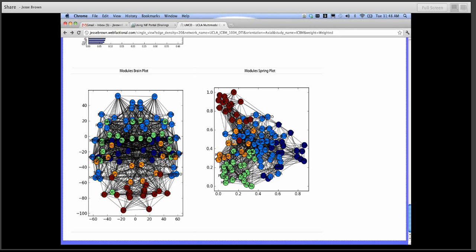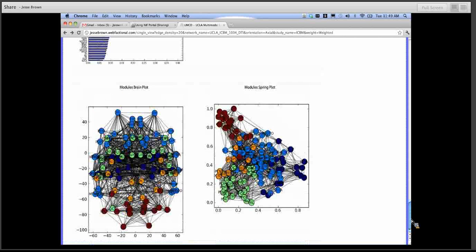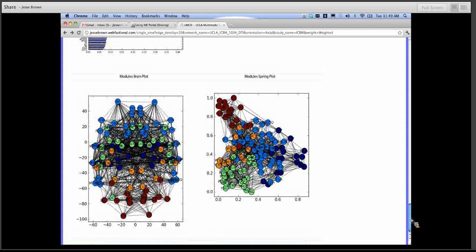And you can see that the red and light blue nodes are closer to each other in this force embedded space than they are in physical space. The interpretation of these can be tricky, but it's an interesting way to abstract the connection diagram in order to see spatially distant nodes that may be more closely connected in this space.